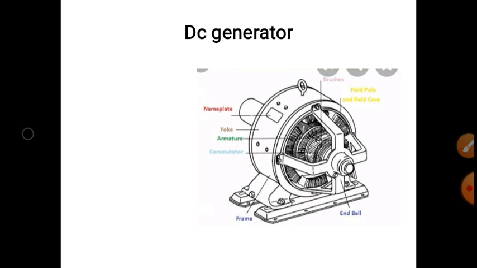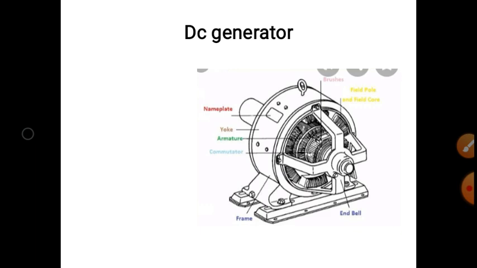Next is the commutator. The commutator is used to convert the alternating voltage generated in the armature winding into direct voltage across the brushes. The next one is brushes. These brushes are made of graphite or carbon and are used to convey the current from the commutator to the circuit.